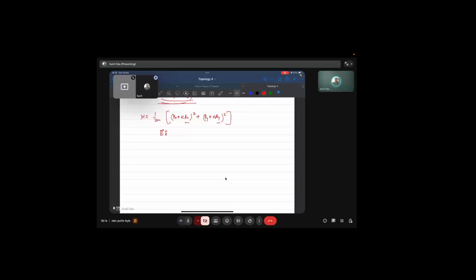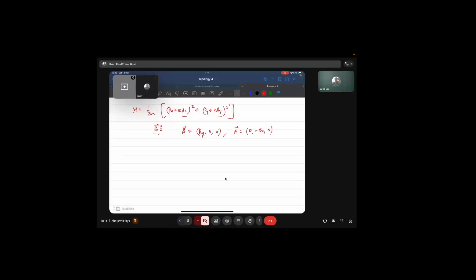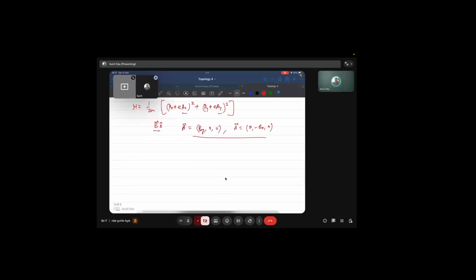So one particular, for example, one particular gauge, or this is what is called gauge choice, which means that we can have multiple configurations or multiple functions of A which will satisfy this curl of A to be a constant magnetic field. So one is, let's say, (By, 0, 0), and then it can also be, I think, (0, minus Bx, 0) and so on, right? So both of these will give the magnetic field once you take the curl of this function.